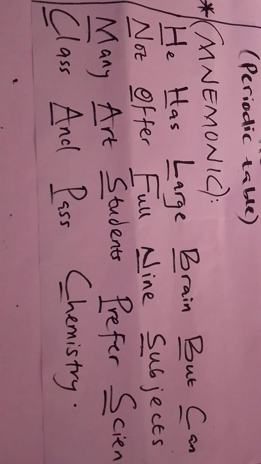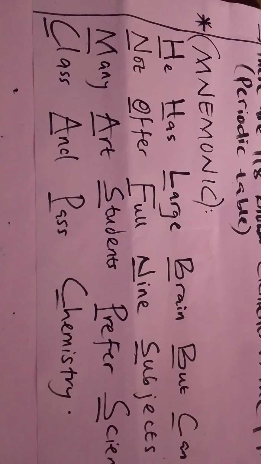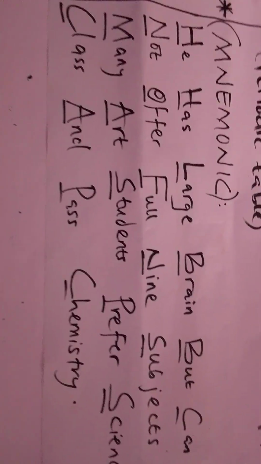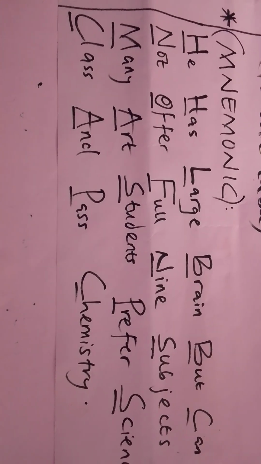Also, as you know, our brain remembers rhymes, images, funny writings, or visual stuff. So that's why I decided to use a mnemonic for you to be able to memorize the first 20 elements.